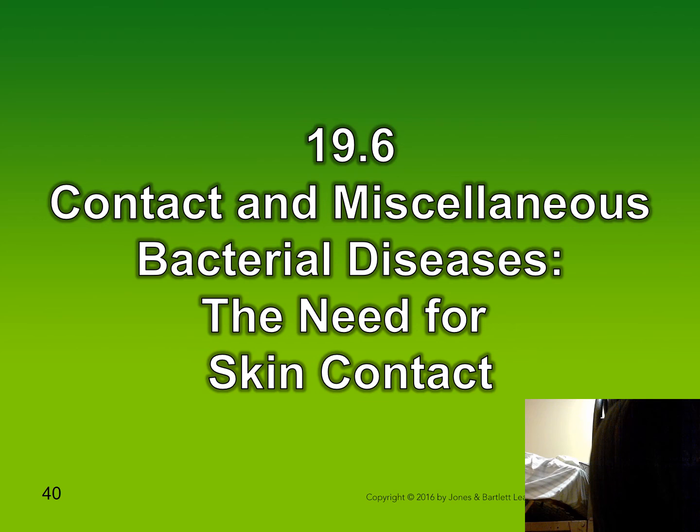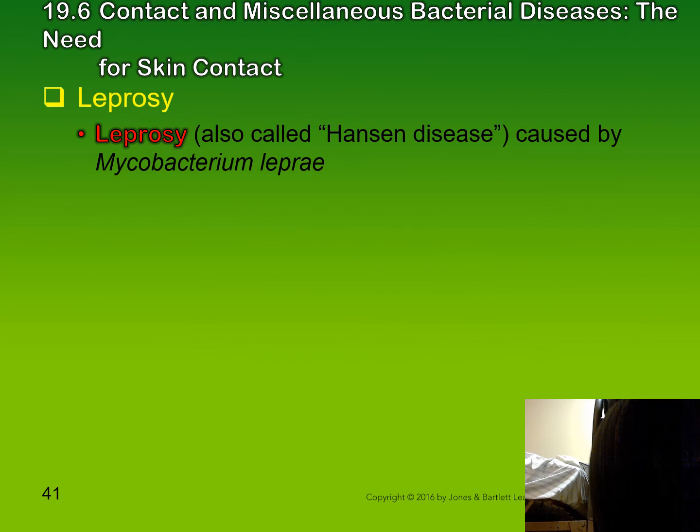Contact and miscellaneous bacterial diseases. Here we need for our skins to touch. Leprosy, okay, which is also known as Hansen's disease, is caused by the Mycobacterium leprae. Again, an acid-fast bacteria, and is very resistant to desiccation, so it's very hard to get it to dry out.